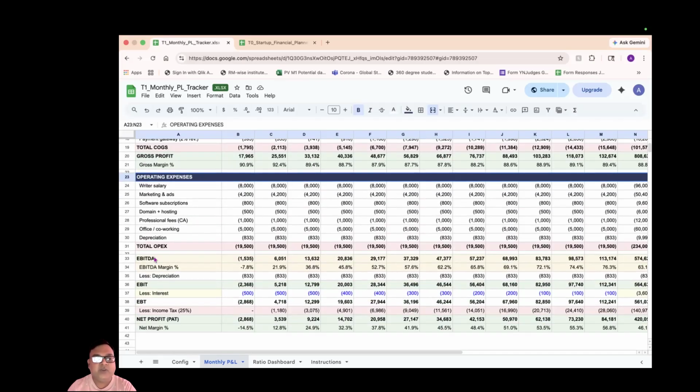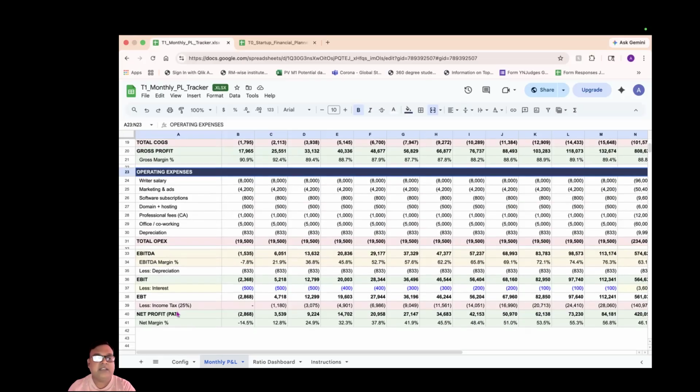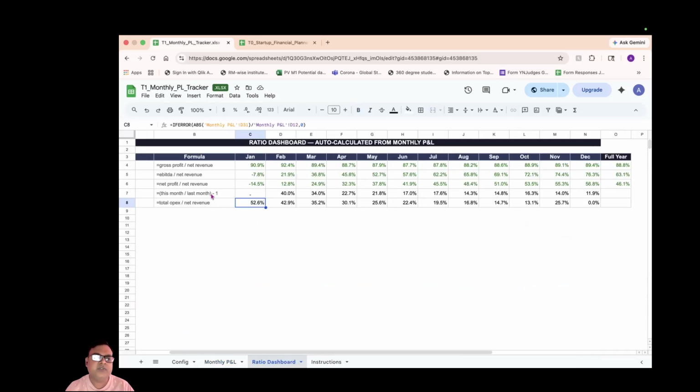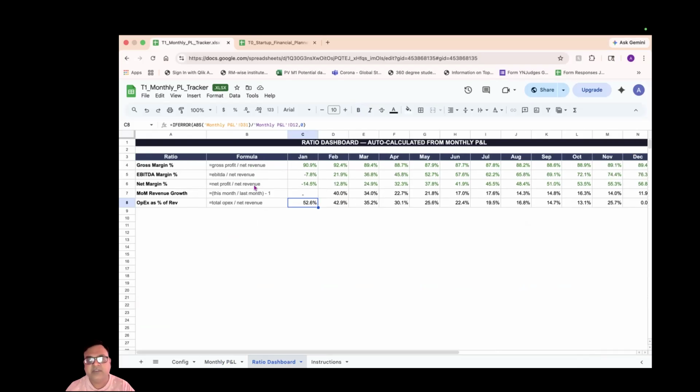Okay. And then you have EBITDA, you have EBIT, you have EBT or PBT, profit before tax, and then the net take home, what you call the net profit. Okay. And there are some ratios through which you can actually decide what's happening. Okay. What to increase, what to reduce, likewise.